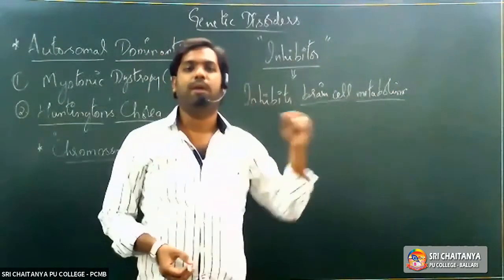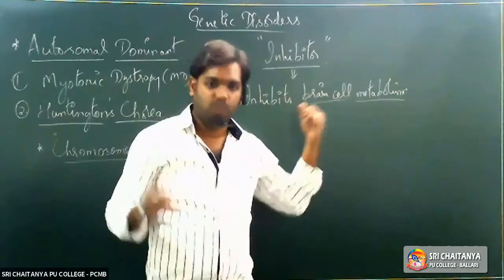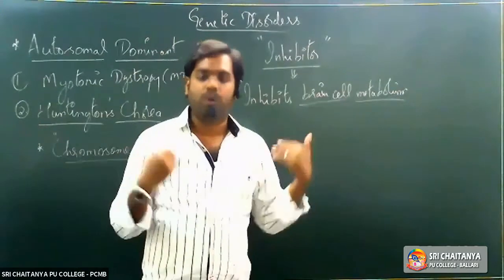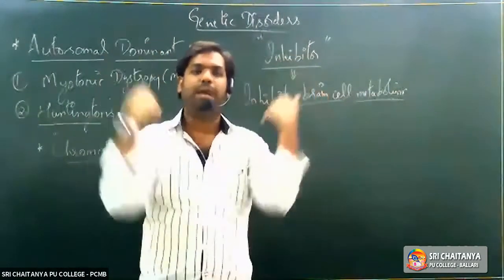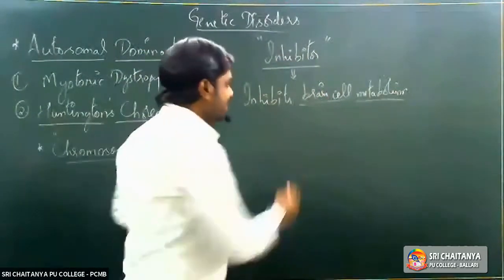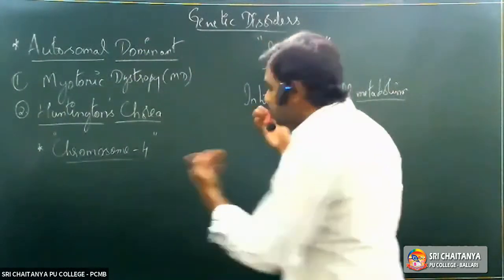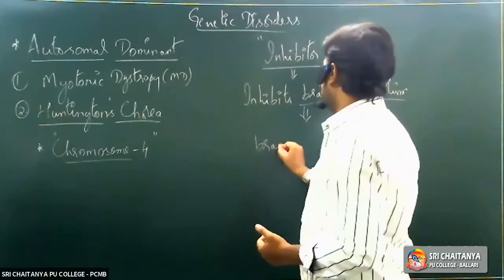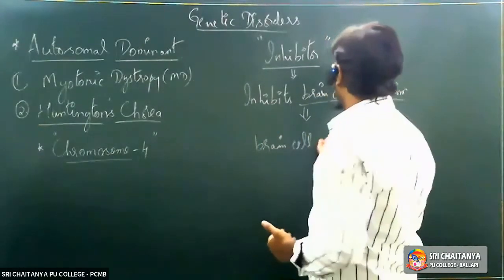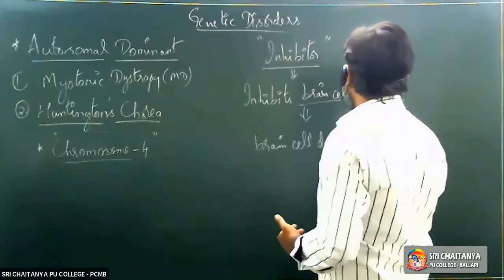If the metabolic activities in the brain are inhibited, what would happen now? There are no proper signals passed on from the brain to other parts of the body, as a result of which it would gradually lead to brain cell damage.